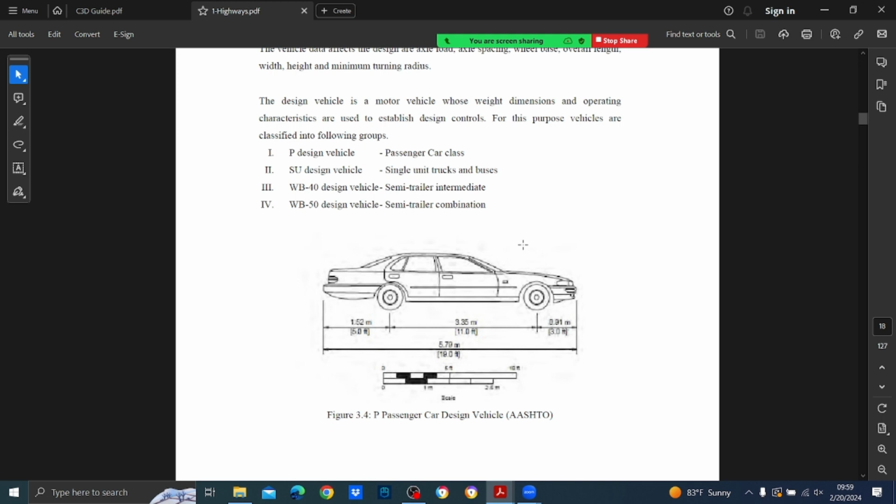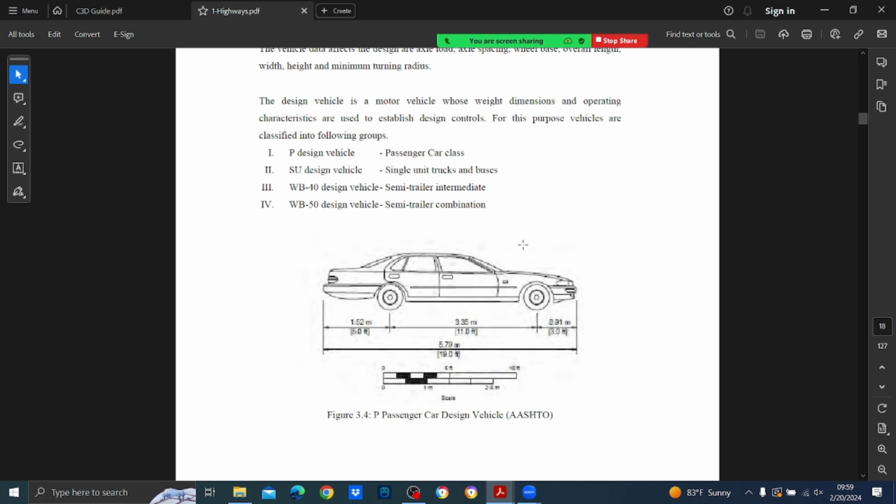For which design vehicle are you going to design your road? It can be the P design vehicle, that is a passenger car. That means your national roads are designed for passenger cars. In that case, maybe a lorry will not find it easy to travel on these roads. Why? It is designed for the small vehicle, right?